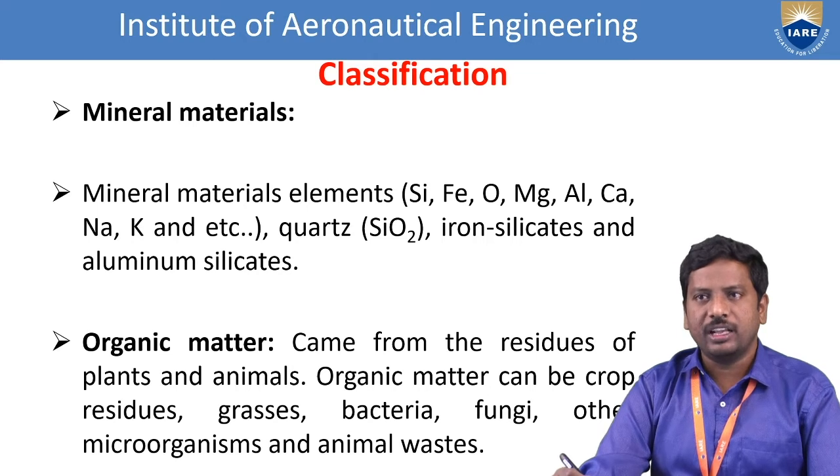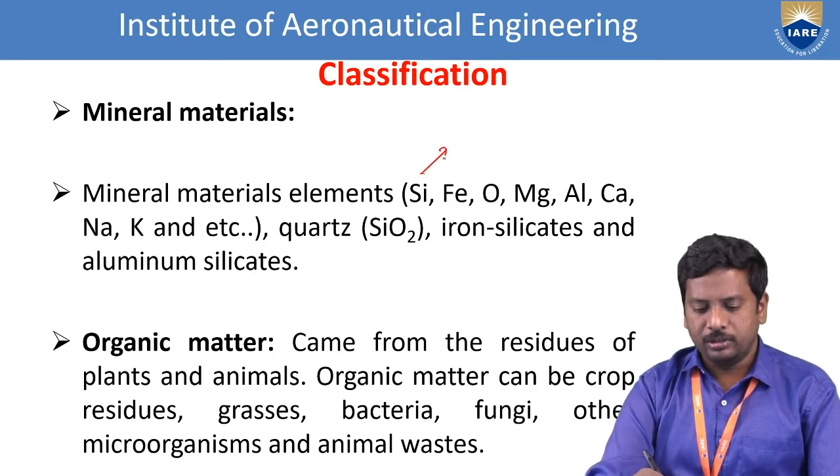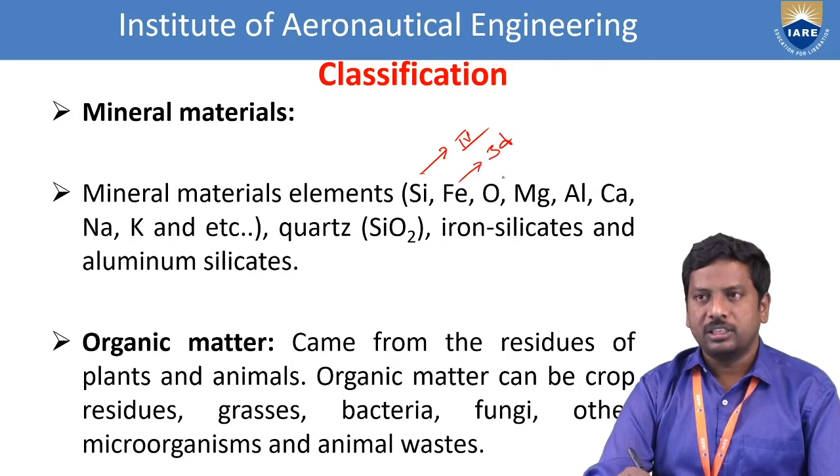So that is nothing but soil composition. After that, we see the mineral materials. That means mineral material elements like silica, iron, oxygen, magnesium, aluminum, calcium, sodium, potassium, etc., including quartz, nothing but silicon dioxide, and iron silicates and aluminum silicates. Silicon belongs to the fourth group of the periodic table, and iron belongs to the transition elements, 3d block, whereas oxygen belongs to the sixth group of the periodic table.